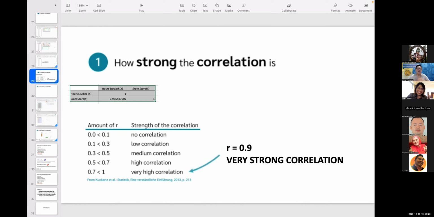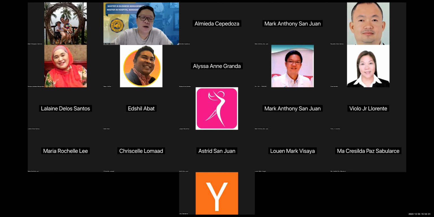Okay, any question with the correlation test? Most probably you'll be using your Pearson's. Pearson's is the most common. Any questions? So again, we were able to establish a relationship using this statistical test. So it's very easy to make conclusion once you can generate the data.